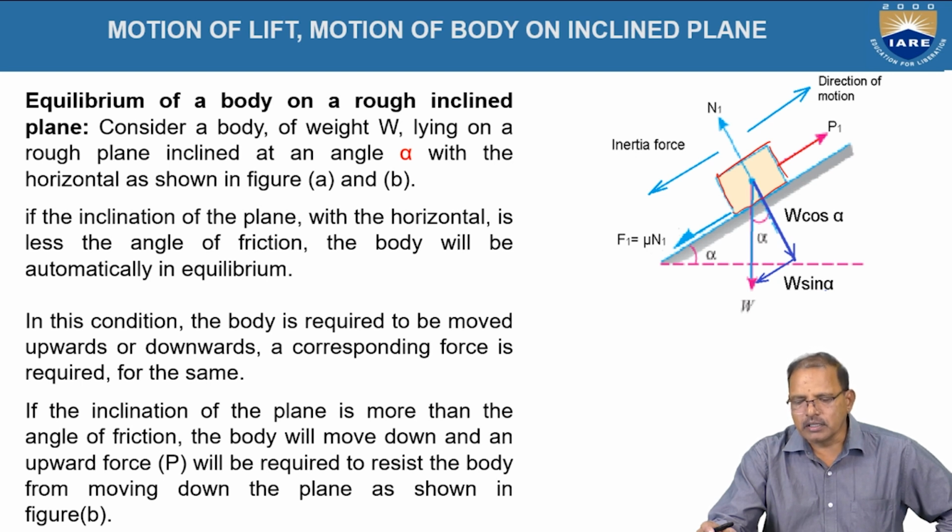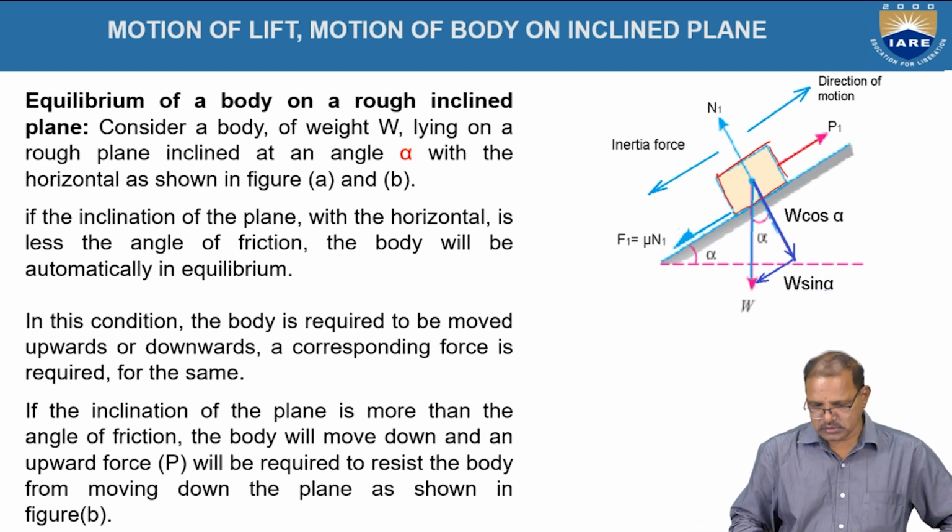At the same time, to move the body in the upward direction also, some force is required. In this case, the inclination of the plane is more than the limiting angle of friction.